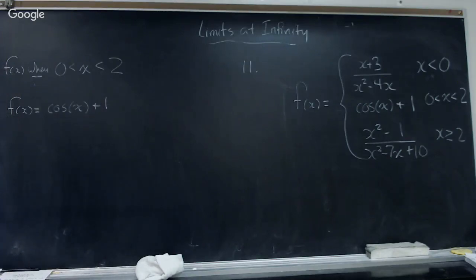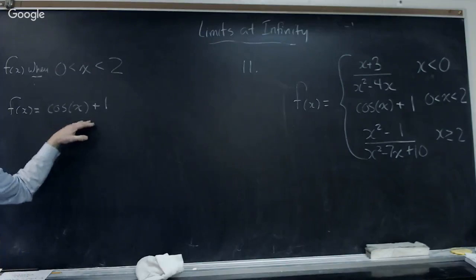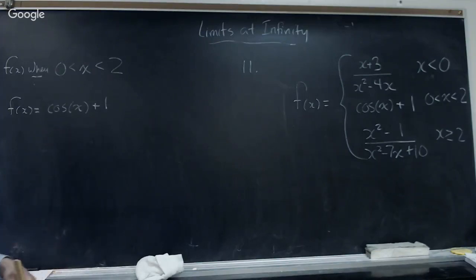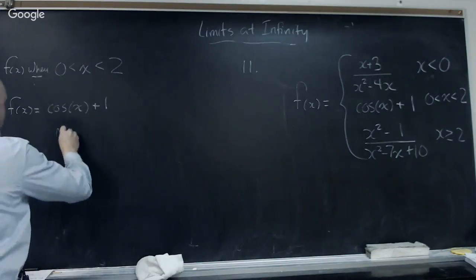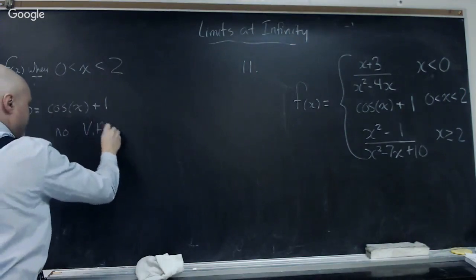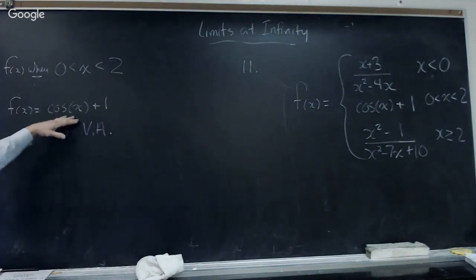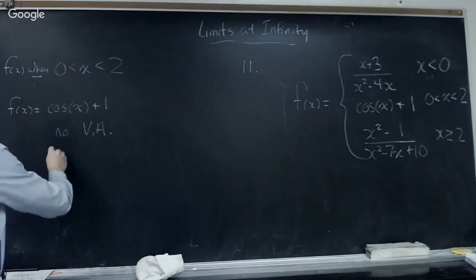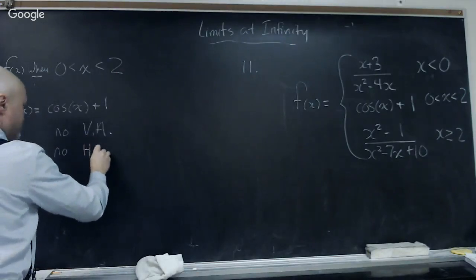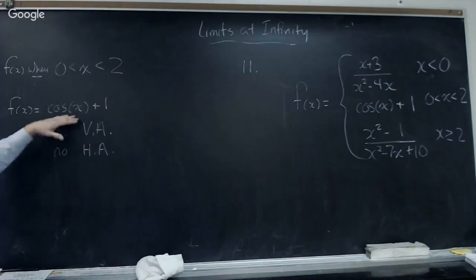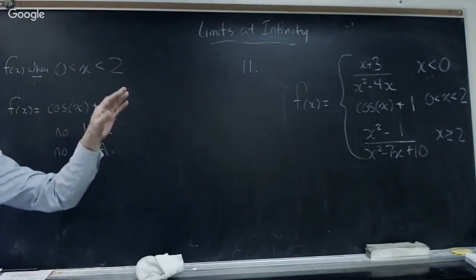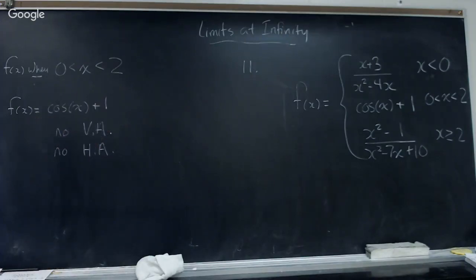It's a trig function. It's not a reciprocal trig function. There are no vertical asymptotes. It's just a straight trig function that's been shifted up one. And so there are no horizontal asymptotes. This is a periodic function throughout its domain. It goes up and down, never reaches a horizontal asymptote.